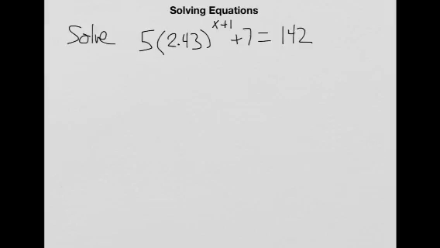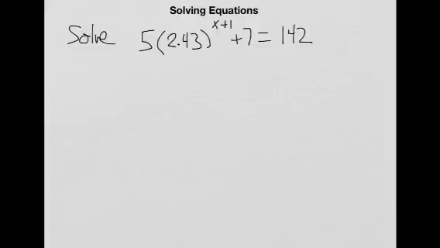Now let's use this to solve an equation. In this case, 5 times 2.43 to the x plus 1, plus 7 equals 142. Again, here's my exponential function. My variable's up in the exponent. I can't deal with it there. To get it out, I need to switch forms. To do that, I need to get solved just for the exponential. So I'll get rid of everything else.